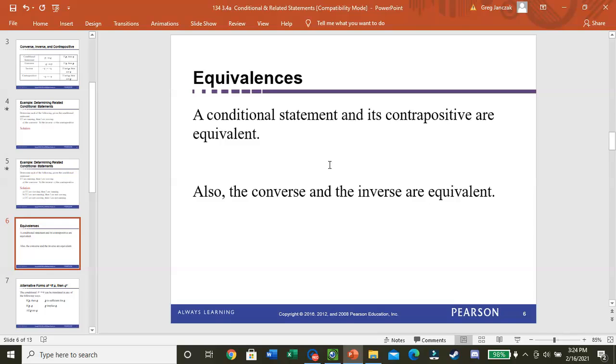We have P, Q, and if P, then Q. And we've got true, true, true, false, false, true, false, false. The only one that's false is if true, then false, because it's like a lie.